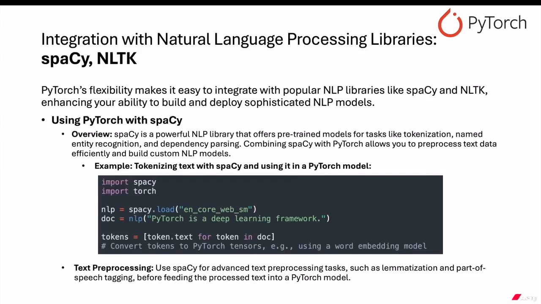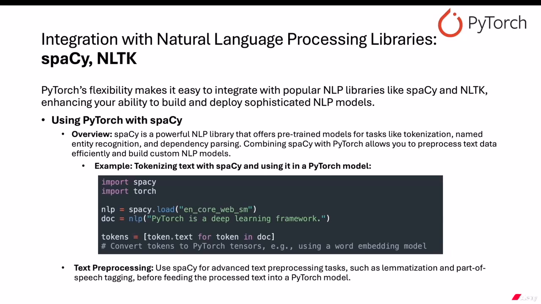Integration with natural language processing libraries like spaCy and NLTK. Now, PyTorch's flexibility makes it easy to integrate with popular NLP libraries like spaCy and NLTK, enhancing your ability to build and deploy sophisticated NLP models.